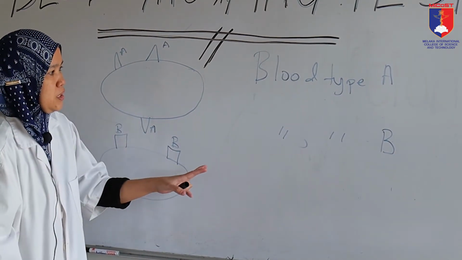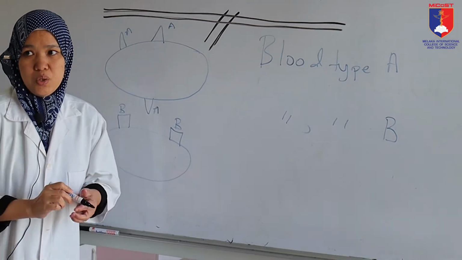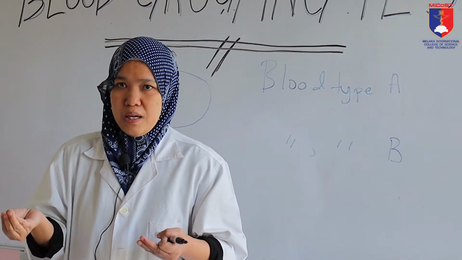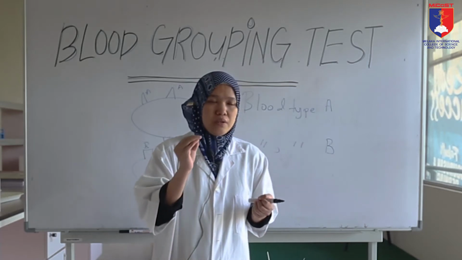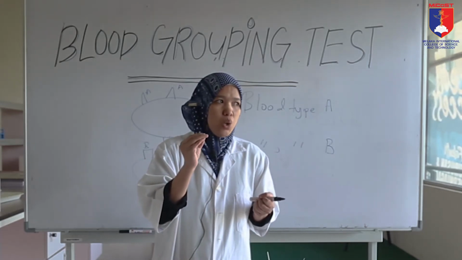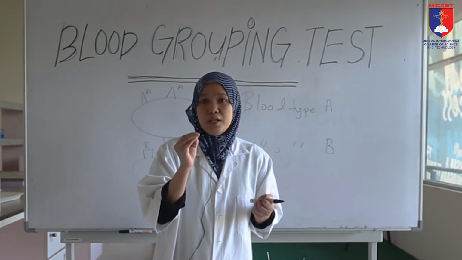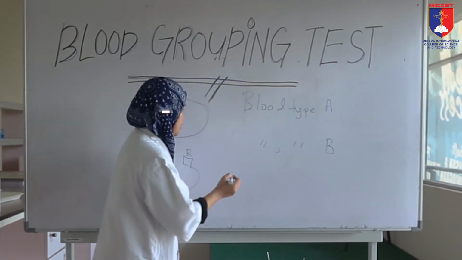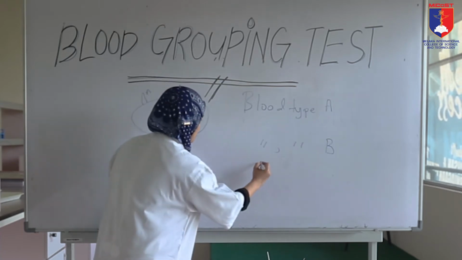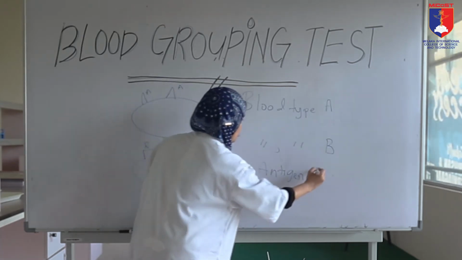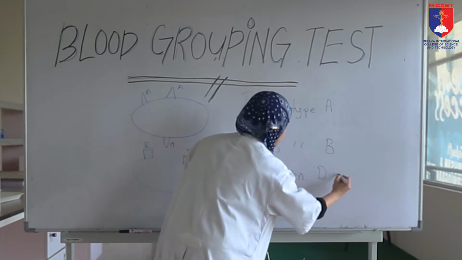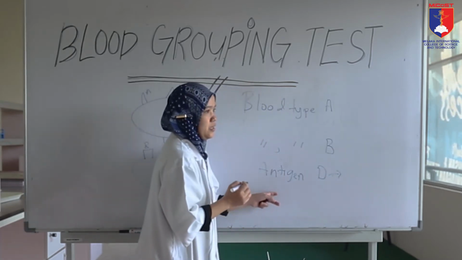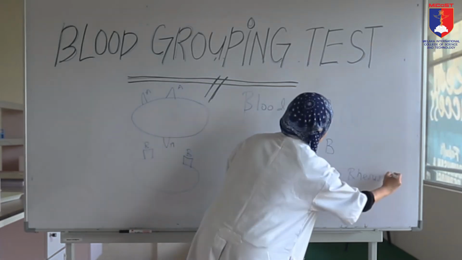And for rhesus, we know we have rhesus positive and rhesus negative. For this rhesus, they also have an antigen, mainly antigen D. Antigen D is to detect that we have rhesus positive.